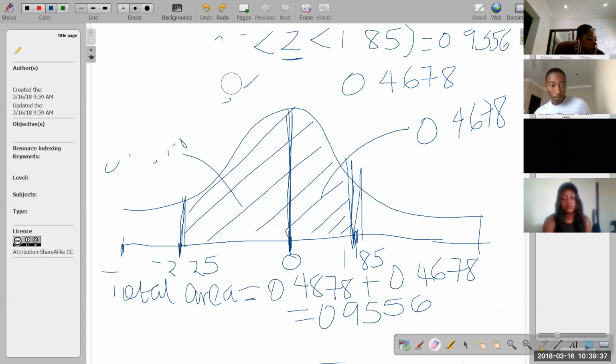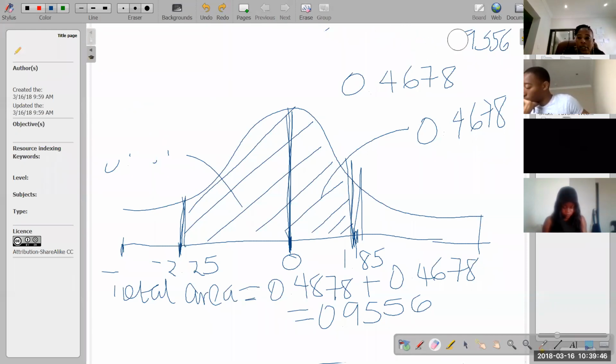We're looking at the probability that 0.65 is less than Z, is less than 1.36.